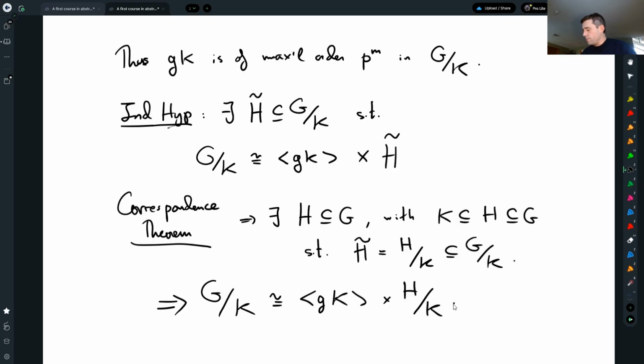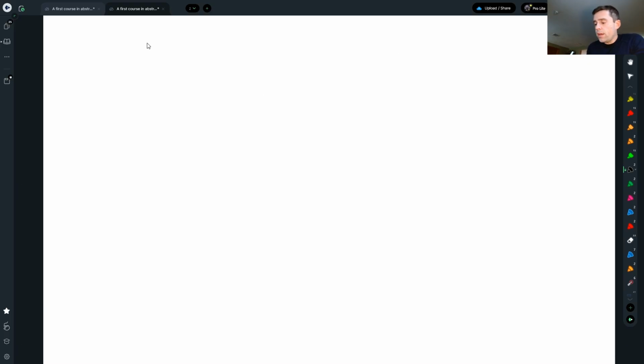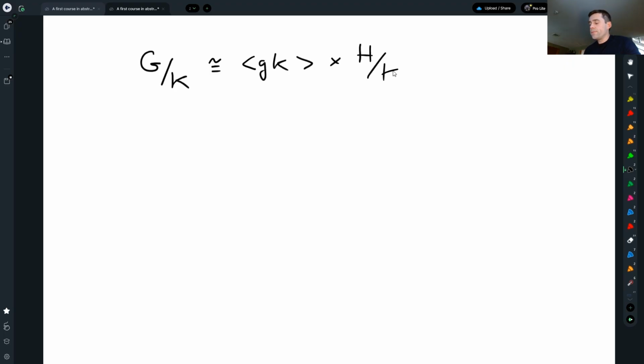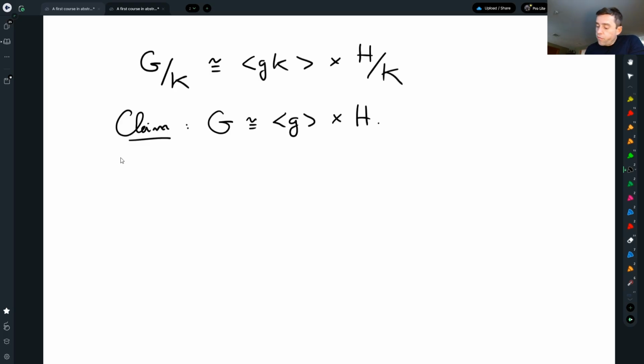So let's prove that. So now I know that G modulo K is isomorphic to the subgroup generated by gK cross some subgroup H. And what I want to prove is that actually G is isomorphic to the subgroup generated by g cross H, internal direct product. So for that, remember, to prove that, I need a couple things.